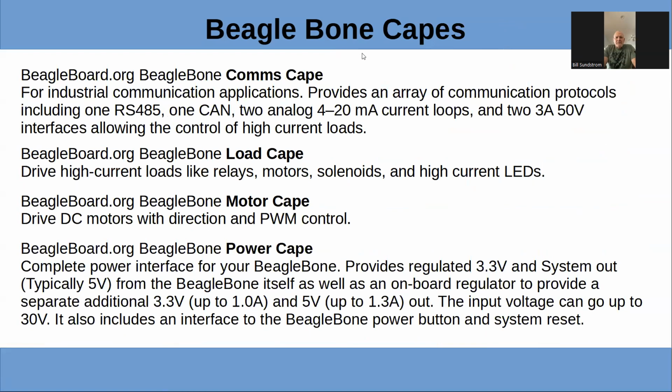What's the dog's name? Snoopy. The dog's name in Peanuts is Snoopy. Snoopy, yeah. And Snoopy wore a cape. So in this case, the BeagleBone has capes. And there's one that does motors and solenoids and relays. It's like the others, there's a cape to do just about anything you want.